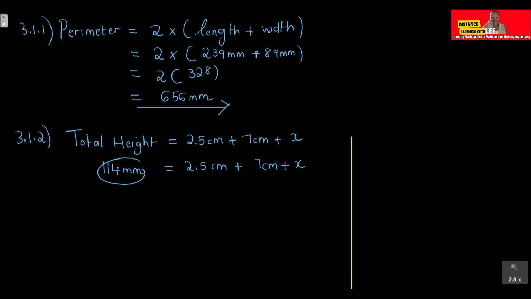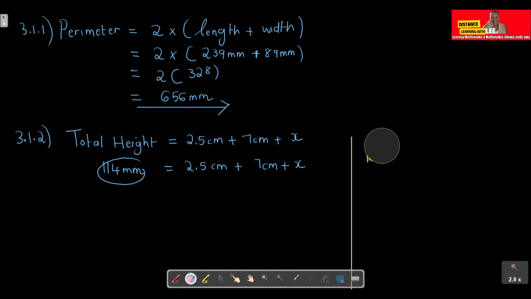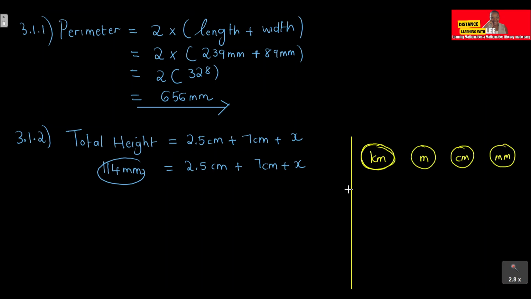If you've been watching all my video tutorials, you already know what I'm about to do right now. You can basically use this to help you convert your lengths, or when you're doing your length conversions. If you want to move from a bigger unit to a smaller unit, guys, you multiply.